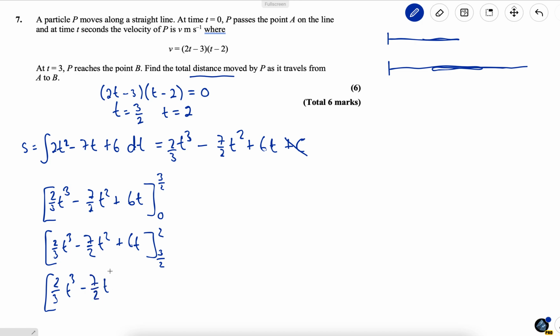It's important to write this out in some way to show that you're integrating between three sets of limits.